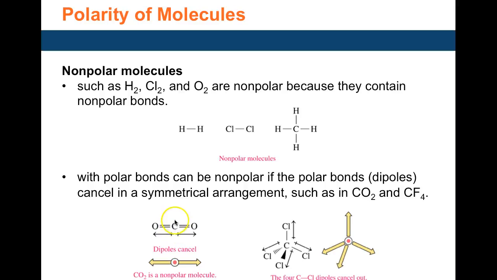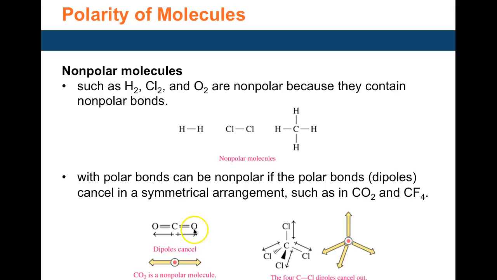So carbon has an electronegativity value of 2.5, oxygen is 3.5. That means there is an electronegativity difference of 1. So you have one dipole in this direction, magnitude of 1, and then another dipole pointing in the opposite direction, also a magnitude of 1.